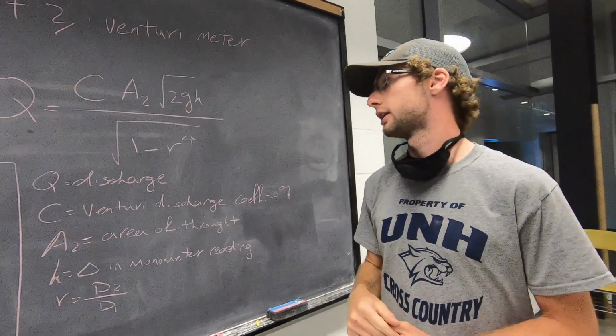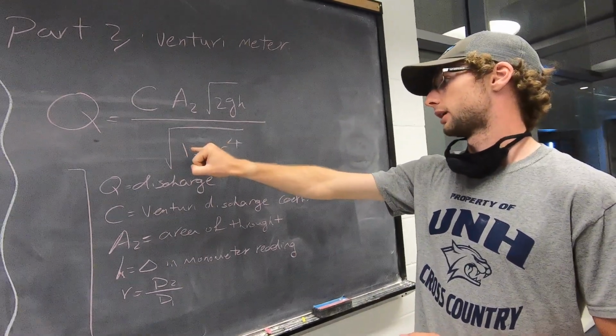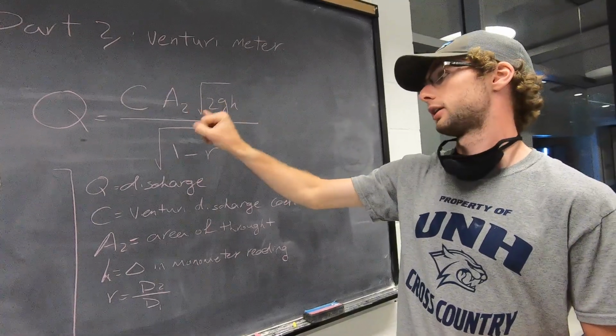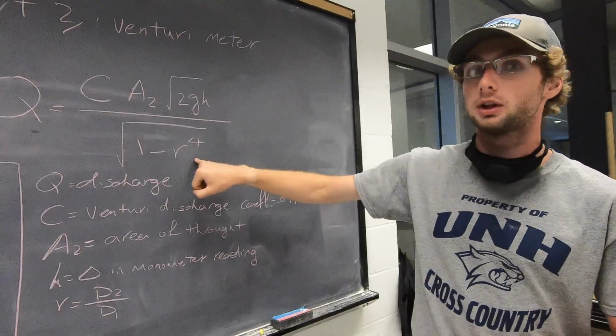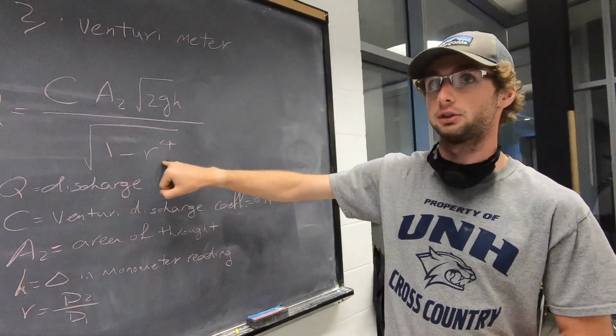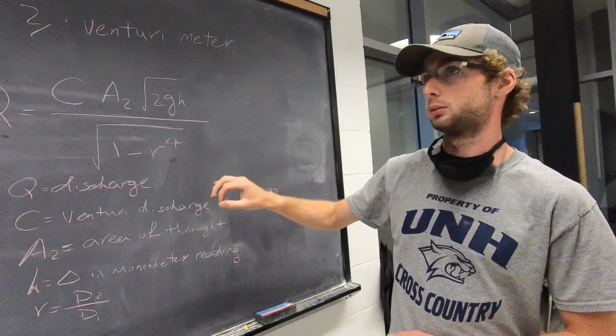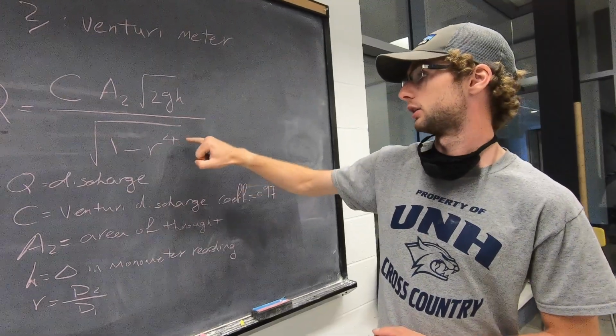All of it is divided by the square root of 1 minus the ratio of the Venturi diameters of the wide part and the narrow part, raised to the 4th power.